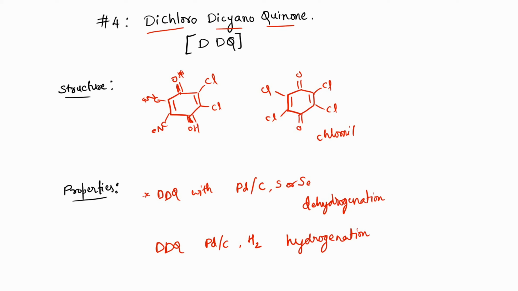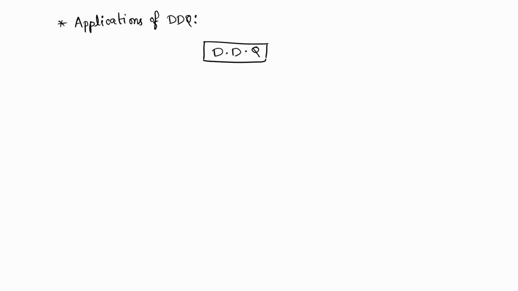DDQ has 6 particular applications which are quite commonly found in most of the reactions. The first one is carrying out unsaturation. That means it induces unsaturation in certain compounds because it removes a molecule of hydrogen.